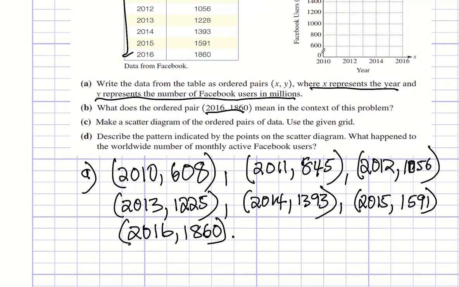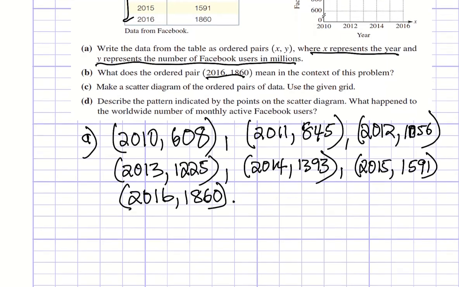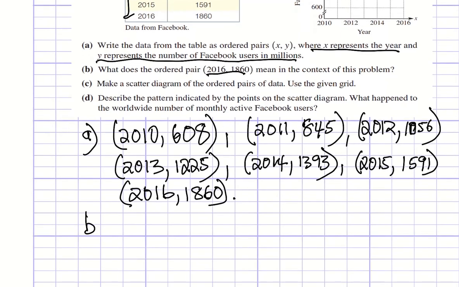And then B: what does the other pair, 2016, 1860, mean in the context of this problem? They want you to interpret what that means. That's on this other page, 2016, 1860.